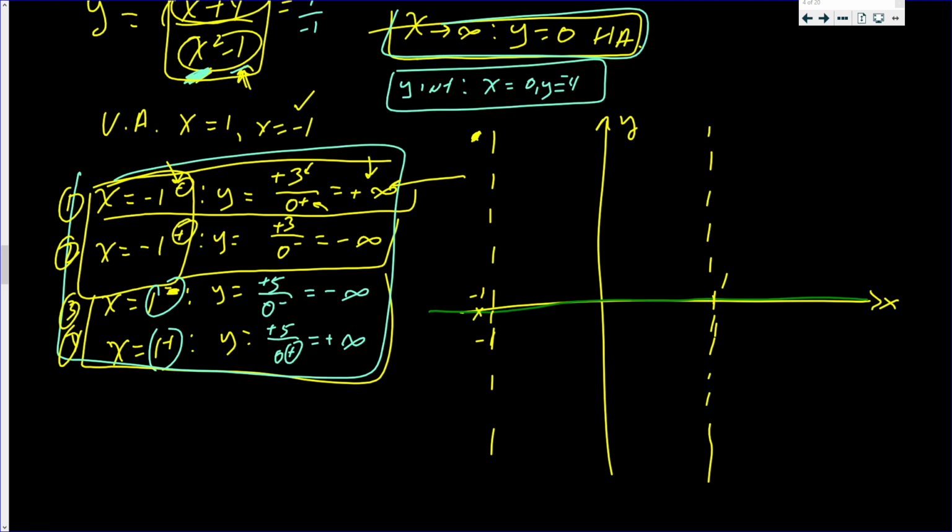Number 2 says, if you're a little bit more than negative 1, the y value is at negative infinity. Number 3 says, if x is a little bit less than 1, you're at negative infinity. And the next one says, if x is a little bit more than 1, you're at positive infinity.